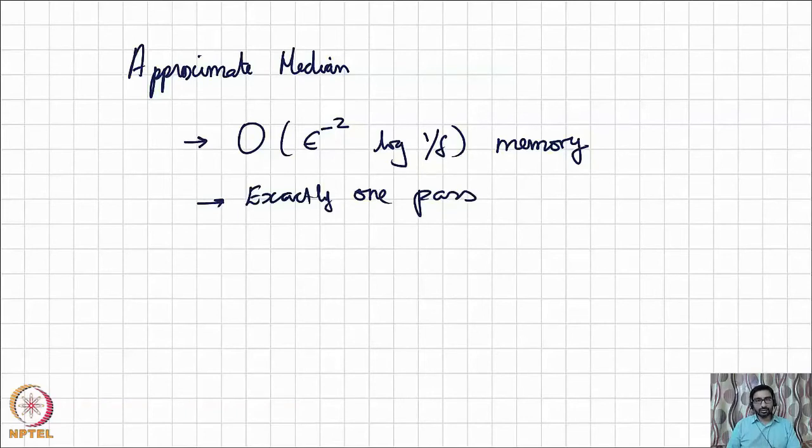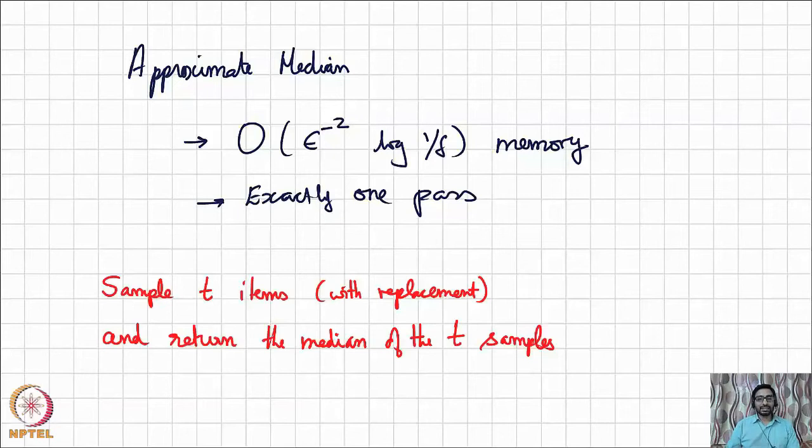The algorithm itself is very simple. All we have to do is sample some t items with replacement from the stream, and we know how to do that. And we need to simply return the median of those t samples. So it is probably the most natural algorithm that you can think of.